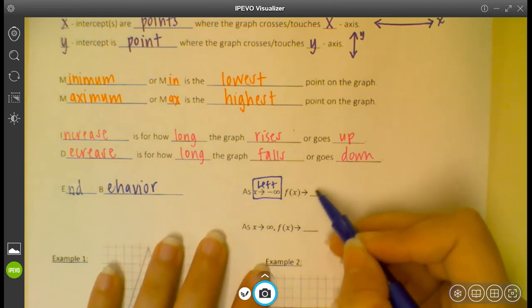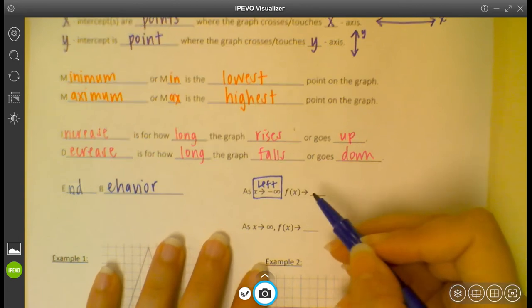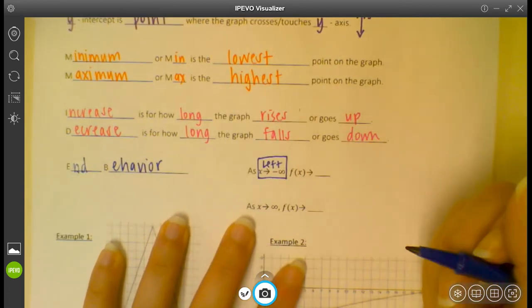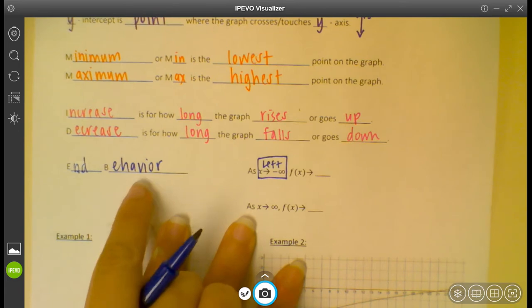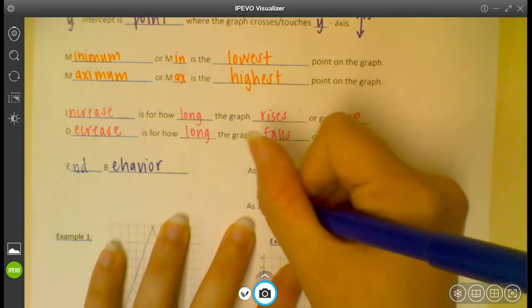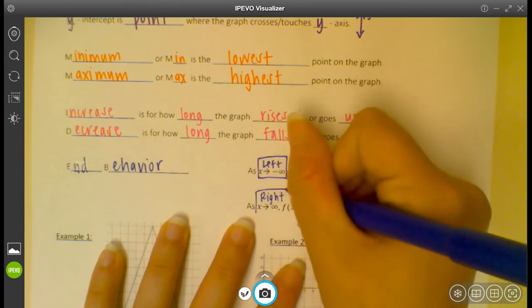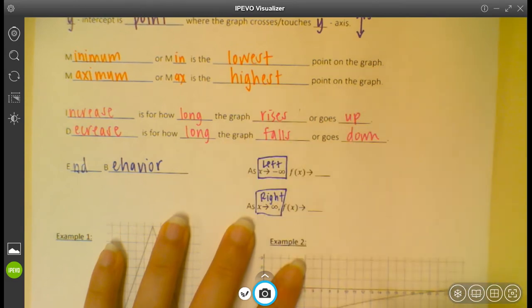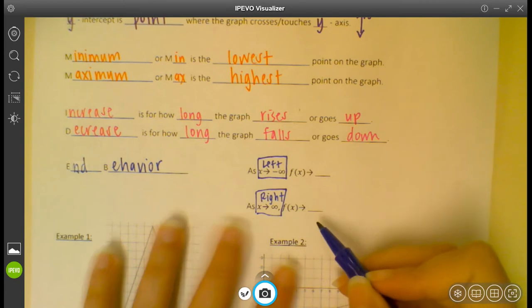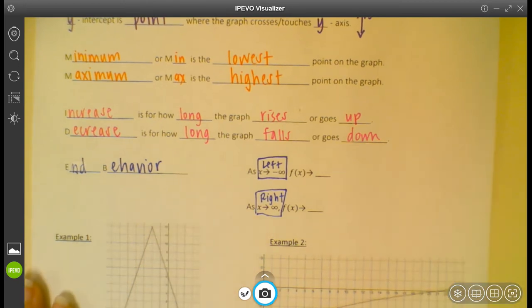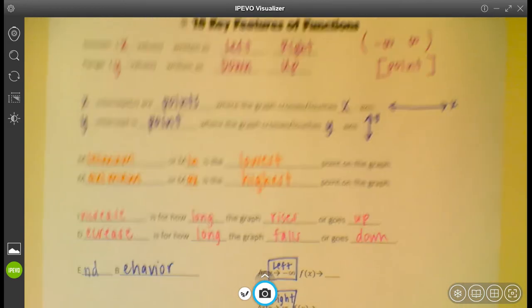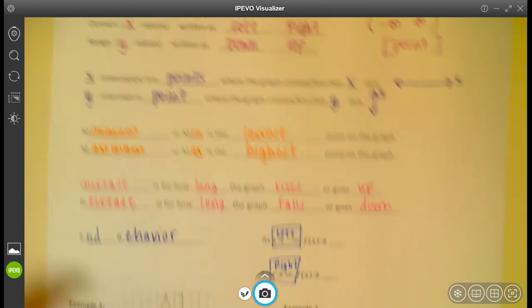And so you'll fill in this piece. Now reverse that. If this is end behavior, I'm not only doing the left side, I'm also doing the far extreme right side of my graph. So as x goes to positive infinity, or the right side of my graph, what is the function behaving like? So that is all of our new function key feature vocabulary.